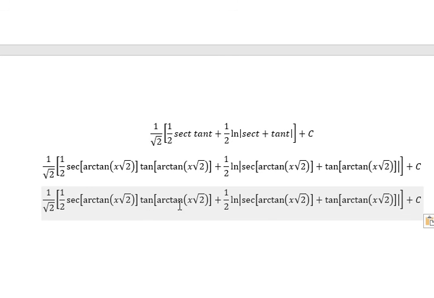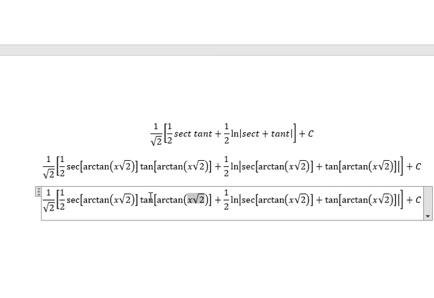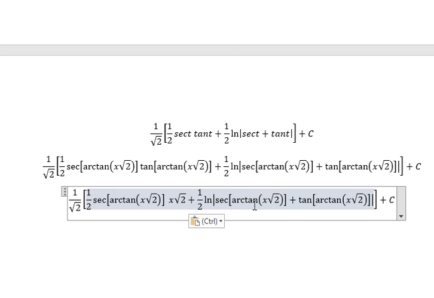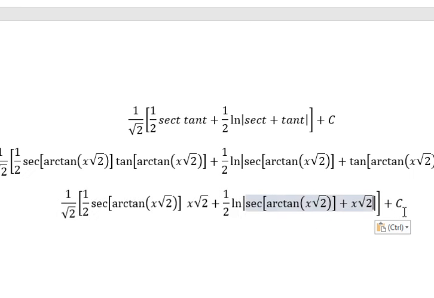So tan with arctan, you get this one. Similar for this one. And this is the final answer.